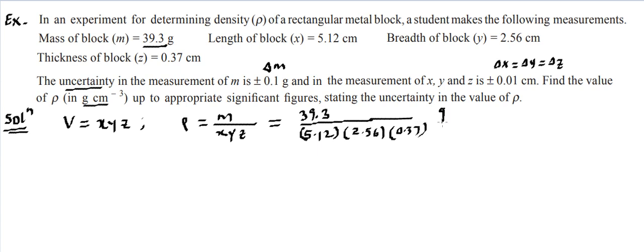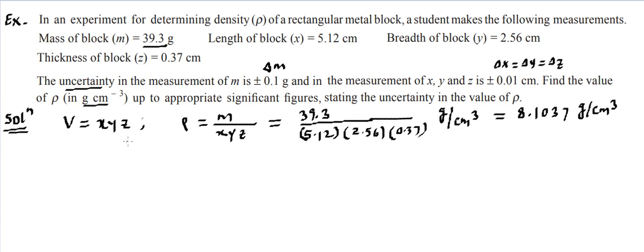So our answer is going to be in gram per centimeter cube. Now if we simplify this number or do this calculation, we can find out what the value is going to be. So you can make this calculation and let's see what this comes out. So after calculation it comes out to be 8.1037 gram per centimeter cube.